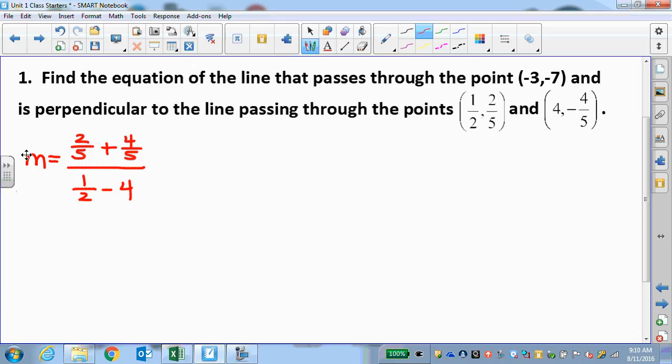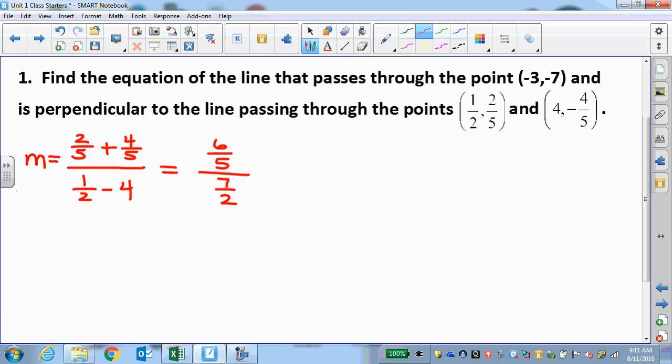If you did -4/5 minus 2/5 over 4 minus 1/2, you're going to get the same. 2/5 plus 4/5 would be 6/5. 4 minus 1/2 is 7/2. If you reverse those, you get -6/5 over -7/2, but the negatives cancel out, so we end up with the same thing.